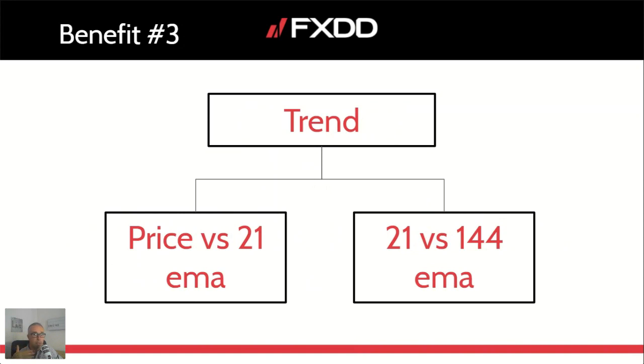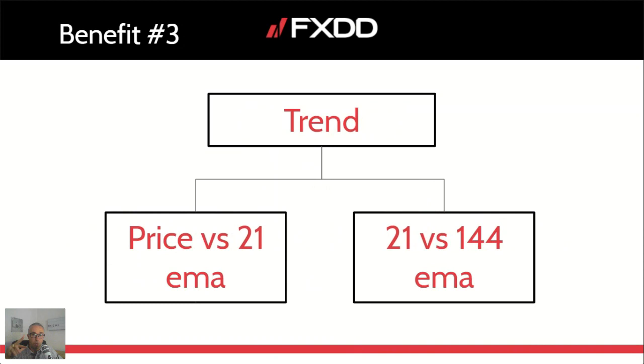Price versus the 21 EMA is also important for short-term trend. So 21 versus 144 is more about long-term trend. Price versus 21 is more about short-term trend, both giving a lot of info about the full trend. Price above 21 above 144 is a full uptrend, or 144, 21, price is a full downtrend.